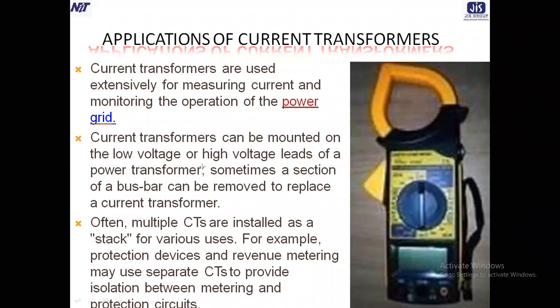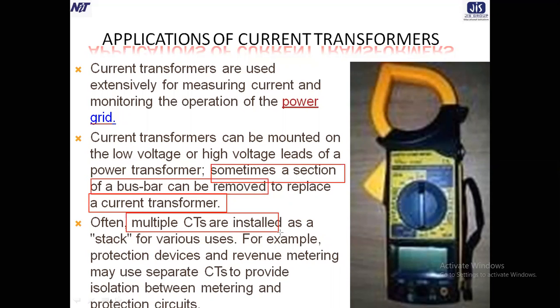Look, this is a very important part of this lecture. A current transformer can be mounted on the low voltage or high voltage leads of the power transformer. Sometimes a section of a bus bar can be removed to replace a current transformer. Okay, so see how important it is to install in the system. Look here. Often multiple CTs are installed as a stack for various uses.